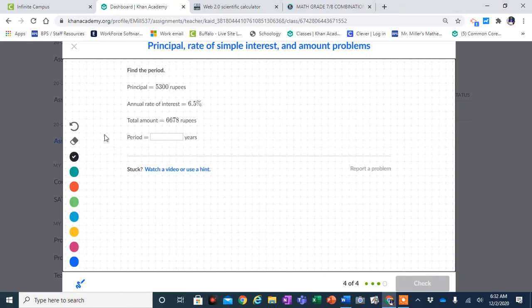Okay, this one they want us to find the period. So this time we're solving for t. We're given what the principal is, we're given what the rate is. Again, we're given the total amount. So that means we need to get the interest. To get the interest, we have to do the total minus the principal.